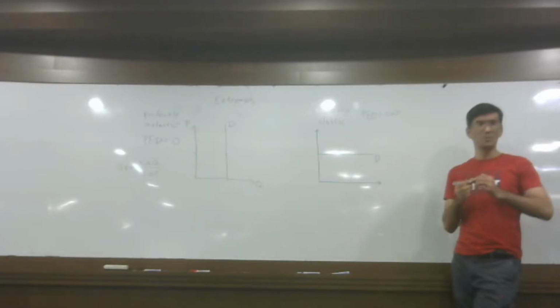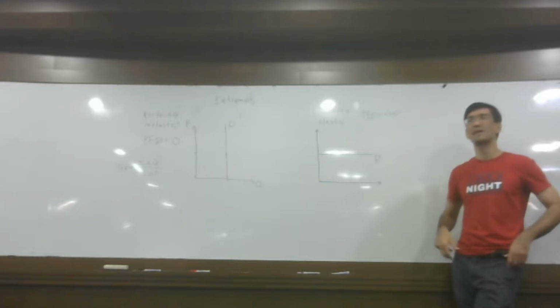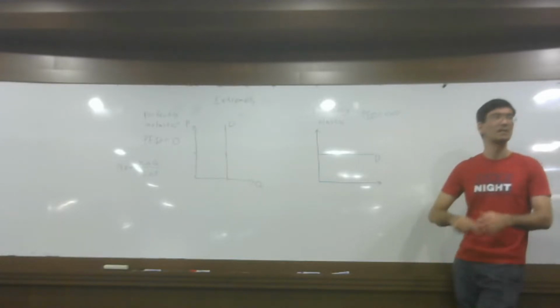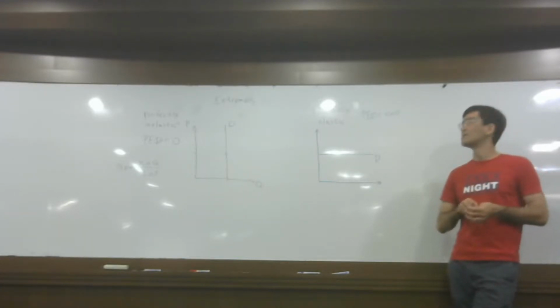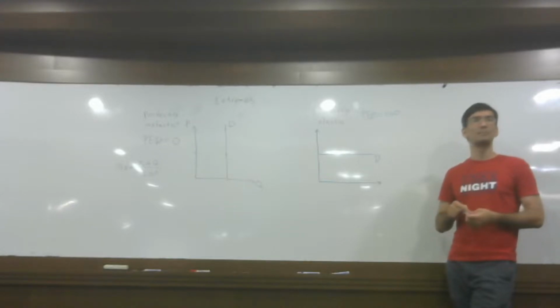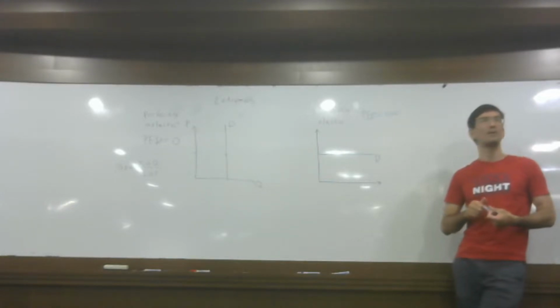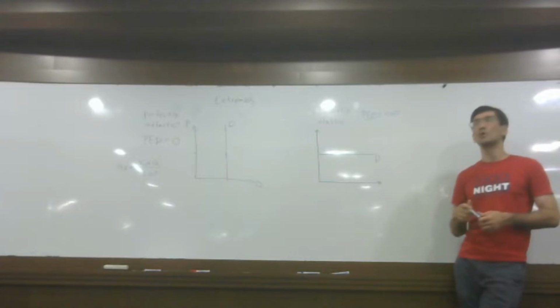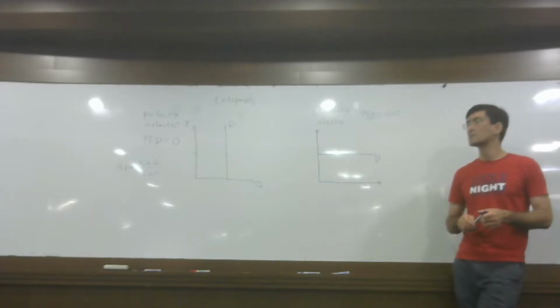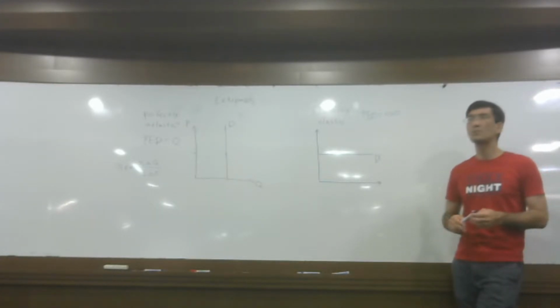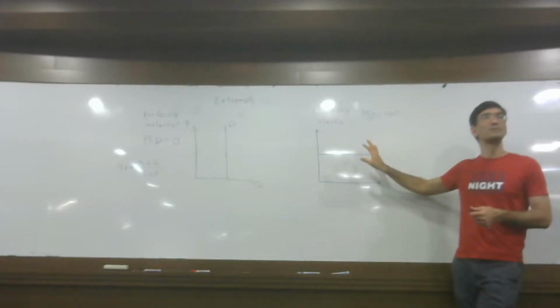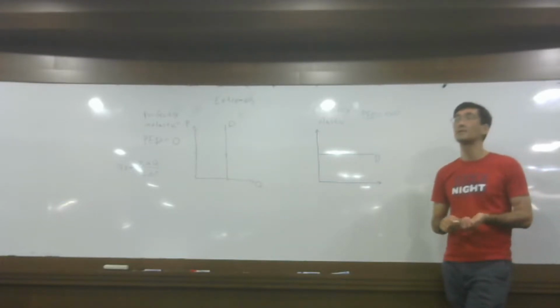I don't know, what could be an example here? It's kind of hard to think of an example. Basically, it's something that people very easily switch away from. Remember we said that elasticity depends on how broadly you define the market.